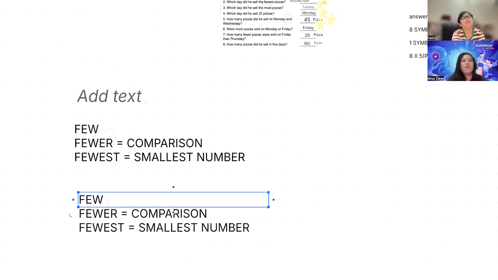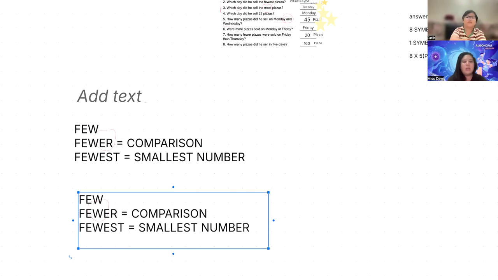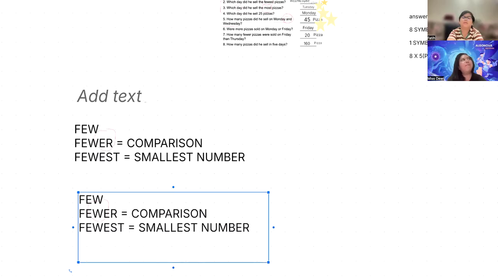For example, fewer, larger, higher. They are being compared with others. And then smaller, and then shorter.